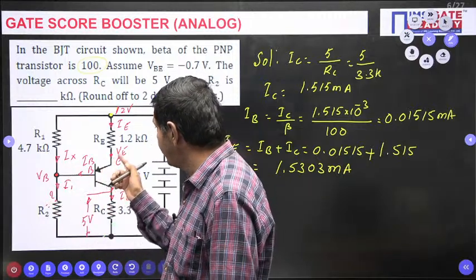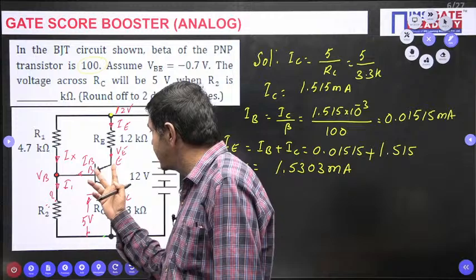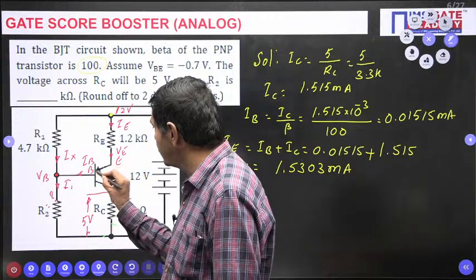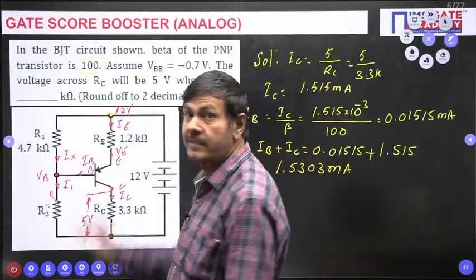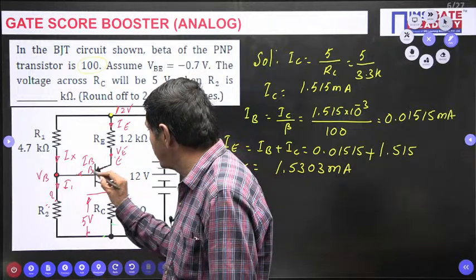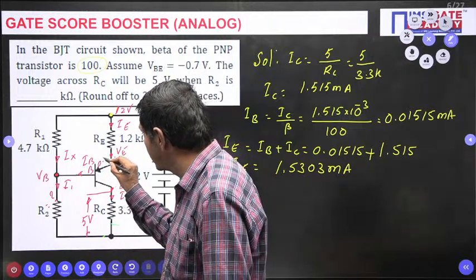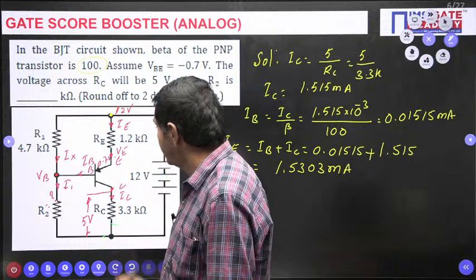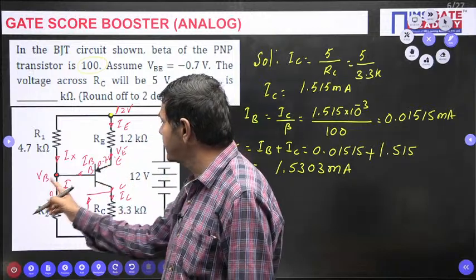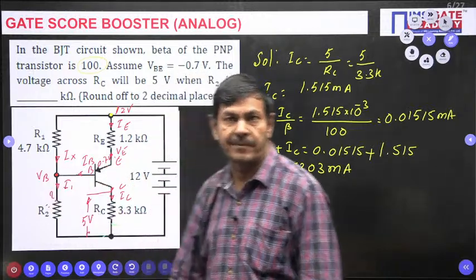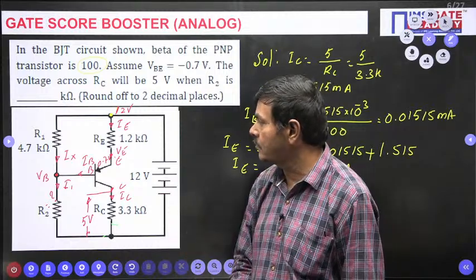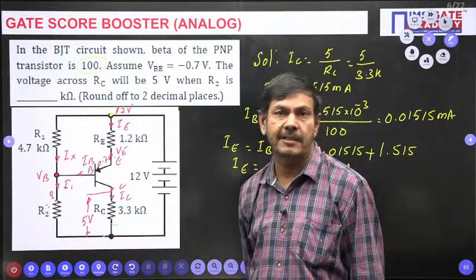VB is nothing but VE minus 0.7. Base to emitter is minus 0.7 given, but emitter to base, if taken, is a positive 0.7 volts. So VE minus 0.7 is nothing but the base voltage only. That's why for the sake of finding the base voltage, I determined the emitter current.